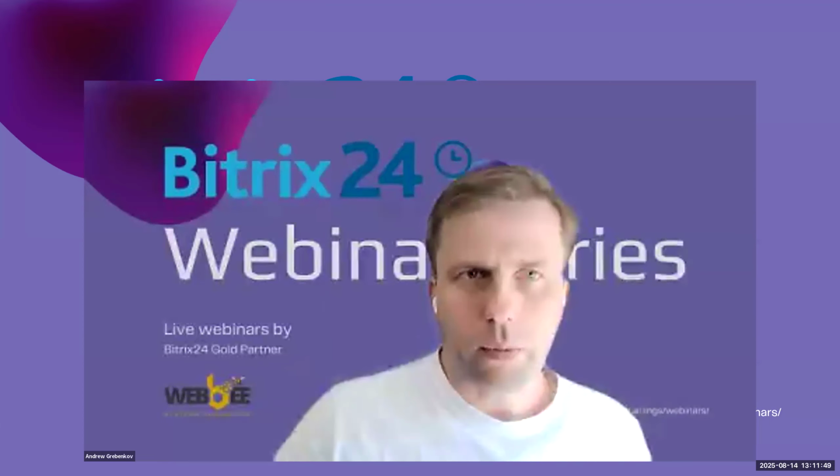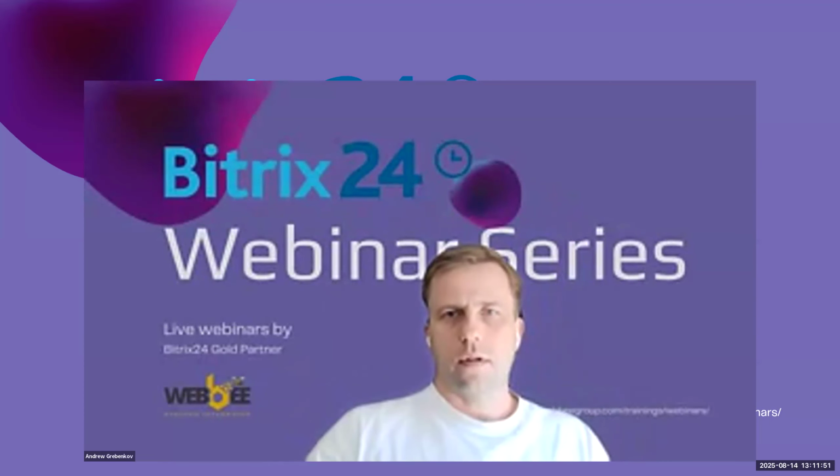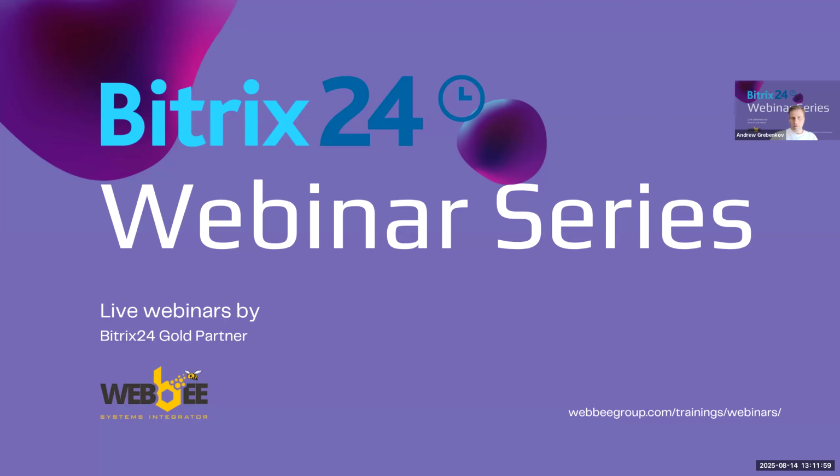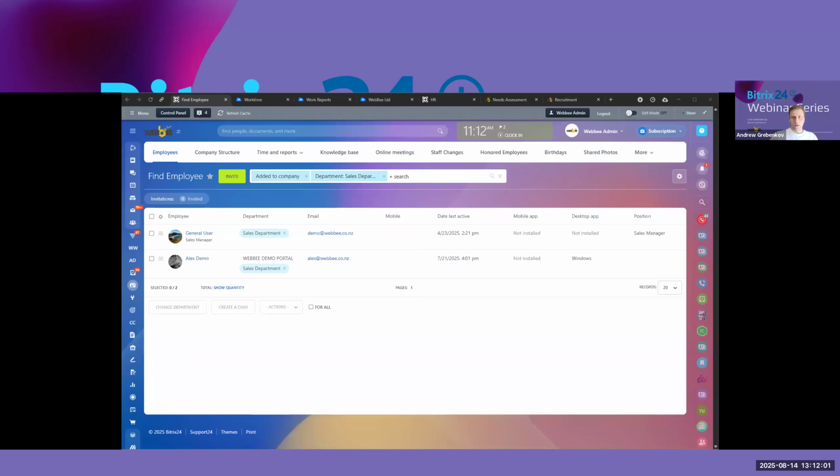Yes, hi everyone. My name is Andre, and I'm just going to show you an example of the functionality that Alex just mentioned. As you see on my screen, this is the employee directory where you can find all the employees and see all their details available in the organization.